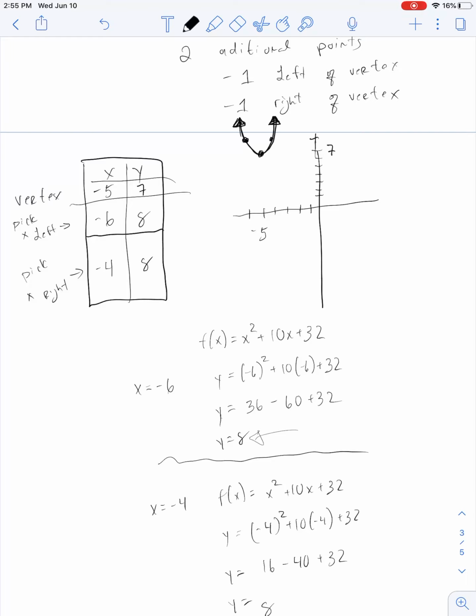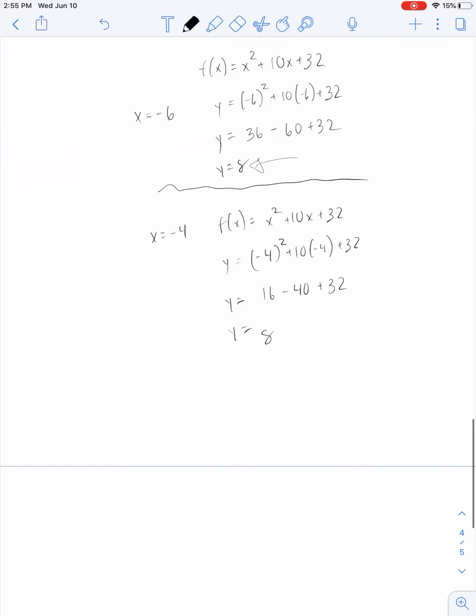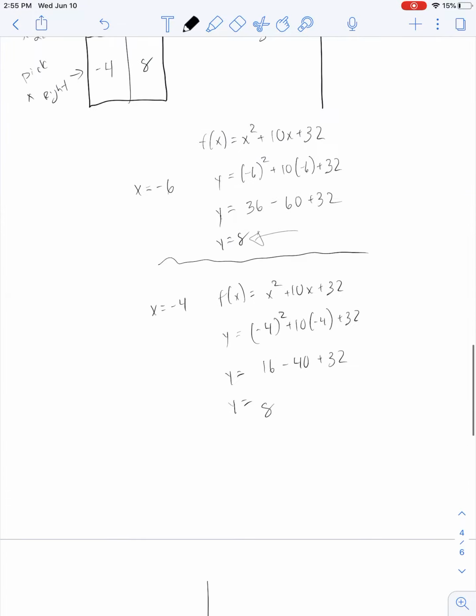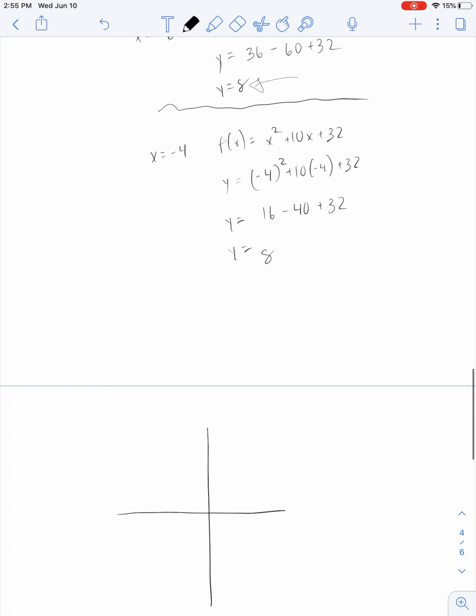We can also find the range and the domain if we wanted to here as well. Let's take a look at this a little further, right? So what we had is this point here, we have this point and that point.